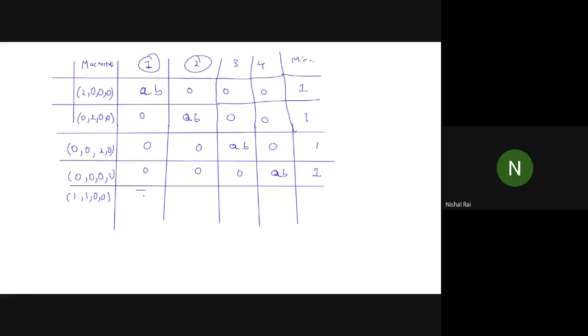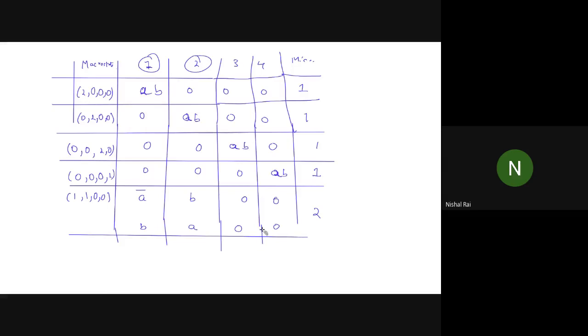So it will be A B 0, 0. But for the corresponding, you can also have B A. Yes or no? Yes. So the number of microstates for this one is how much? 2. Clear?